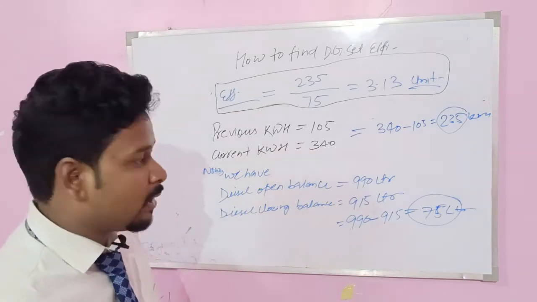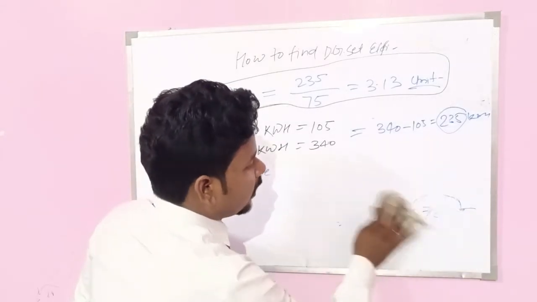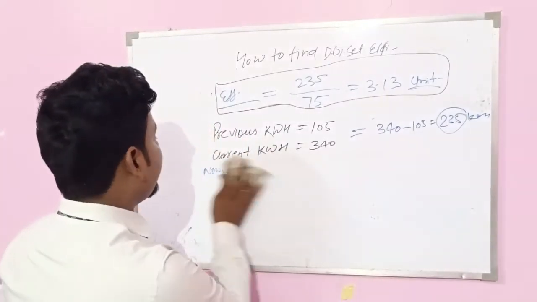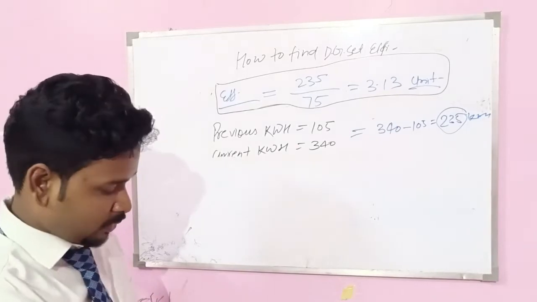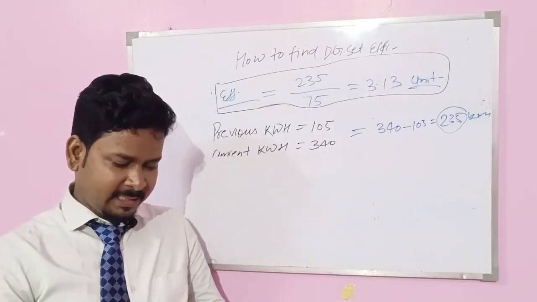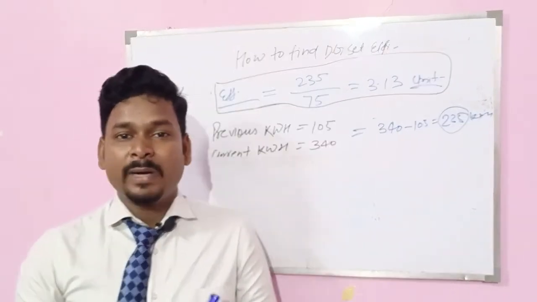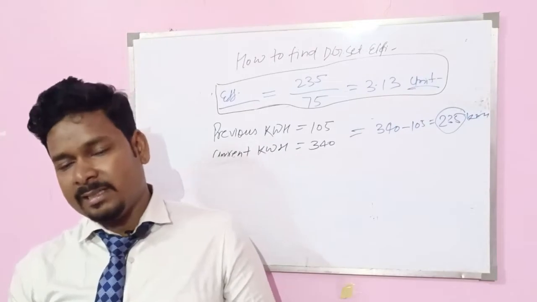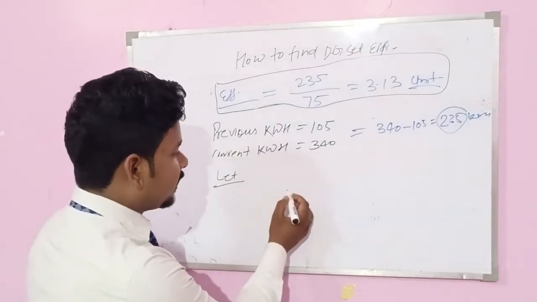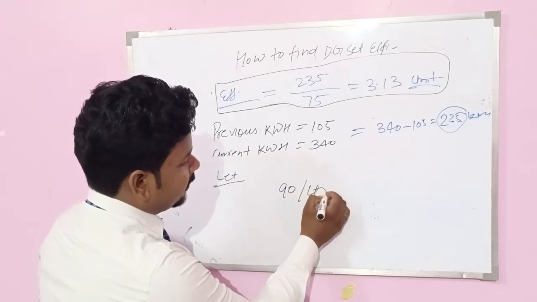Okay, now I am going to tell you how to find the per unit cost of DG. There is no rocket science, it is also very simple. Just find the rate of diesel. Suppose you have a diesel rate of 90 rupee per liter.